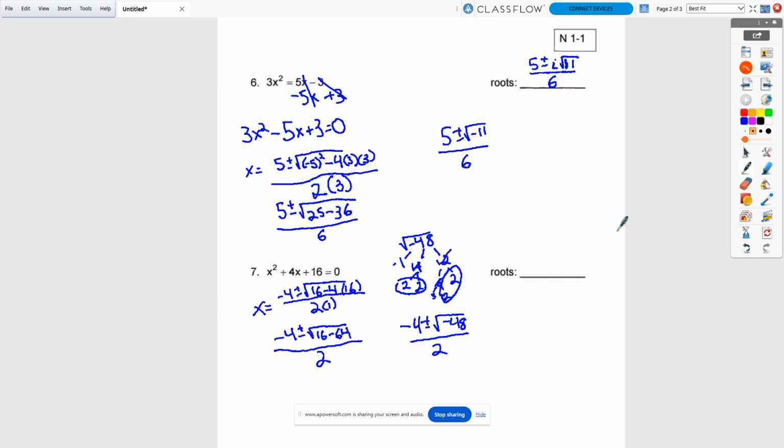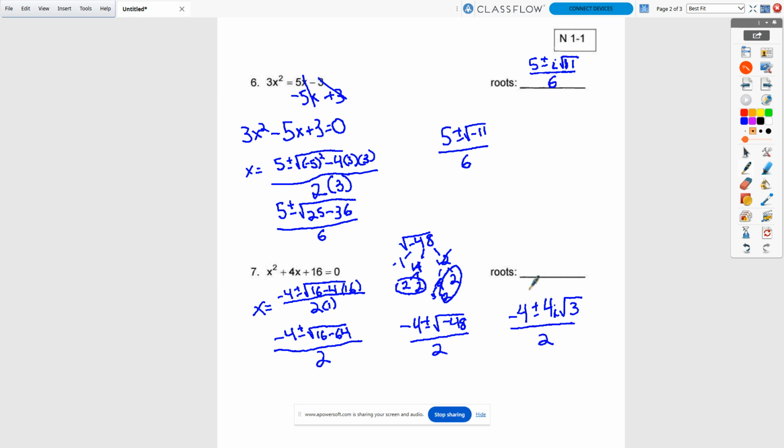And then that i. So I'm ending up with negative 4 plus or minus 4i. And I've still got a 3 that was left on the inside, all that over 2.